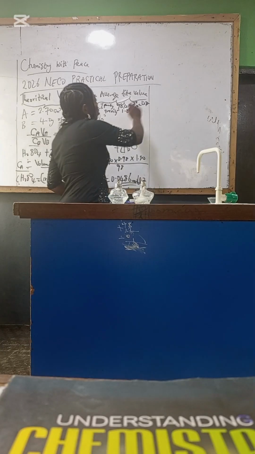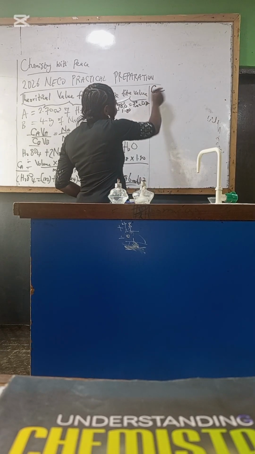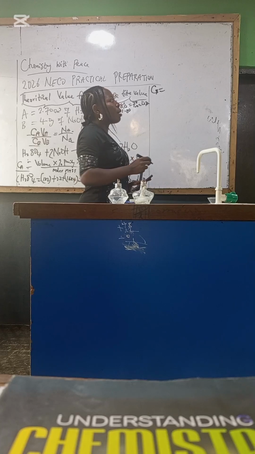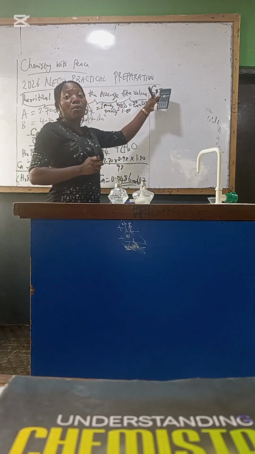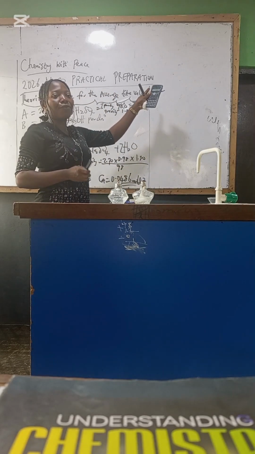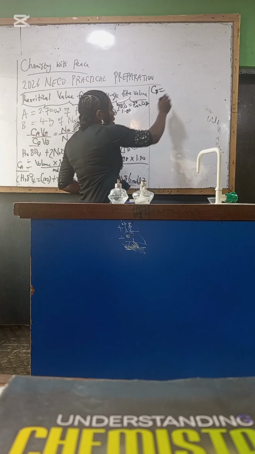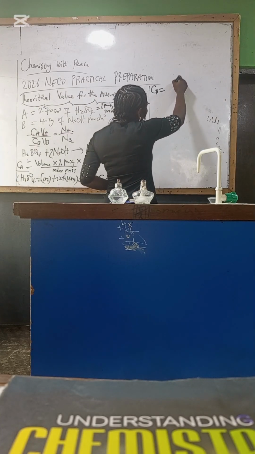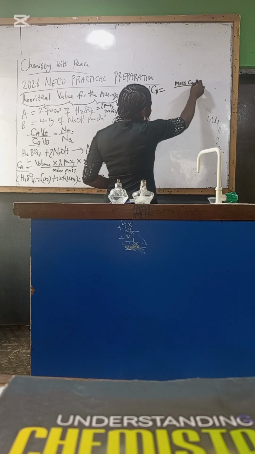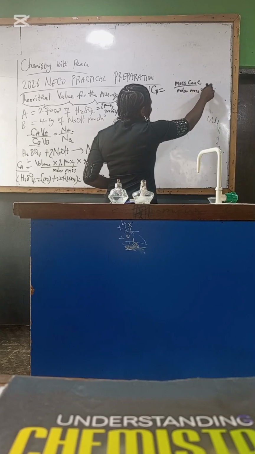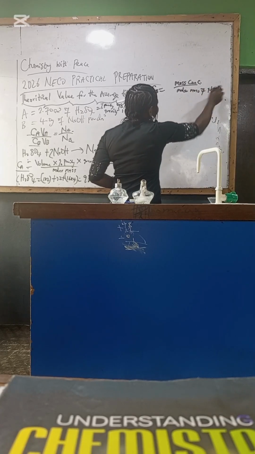Now we are going to get our CB. For our CB, which is the molar concentration, we use the formula mass concentration over molar mass. CB is equal to mass concentration over molar mass of sodium hydroxide.